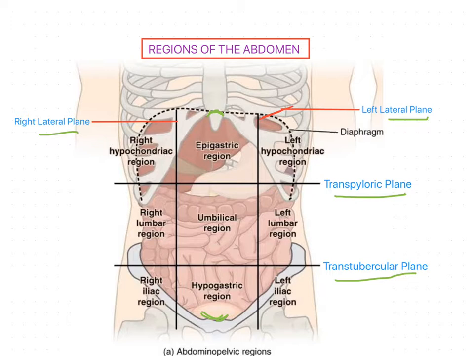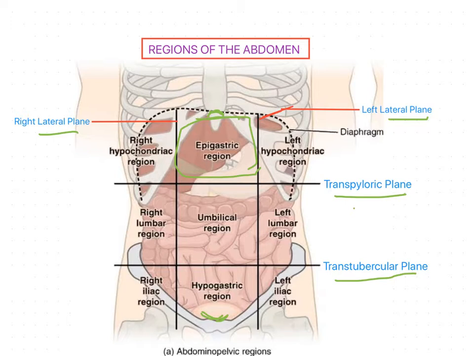It lies roughly a hand's breadth below the xiphisternal joint. When you keep your hand at this part, it is almost the breadth of your hand below the xiphisternal joint. From the xiphisternal joint to the trans-pyloric plane, you will have a hand's breadth of space.